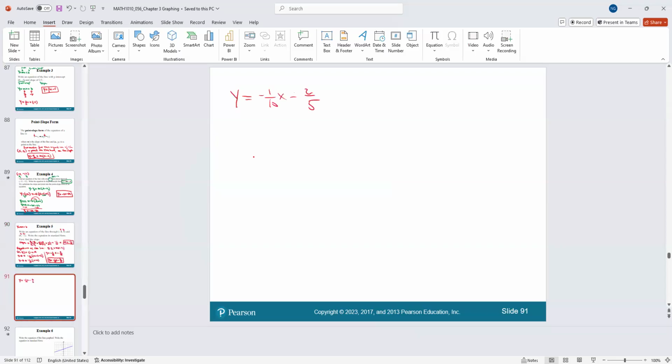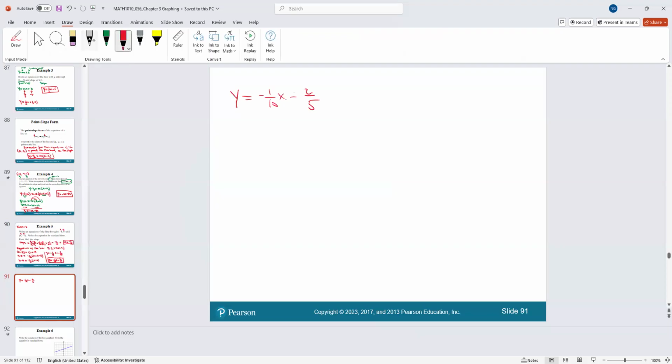So what we need to do is multiply both sides by 10. I'm going to do that with a different color. So I multiply this side by 10, and I multiply this side by 10. So I have 10y equals negative 10 over 10x minus 20 over 5.